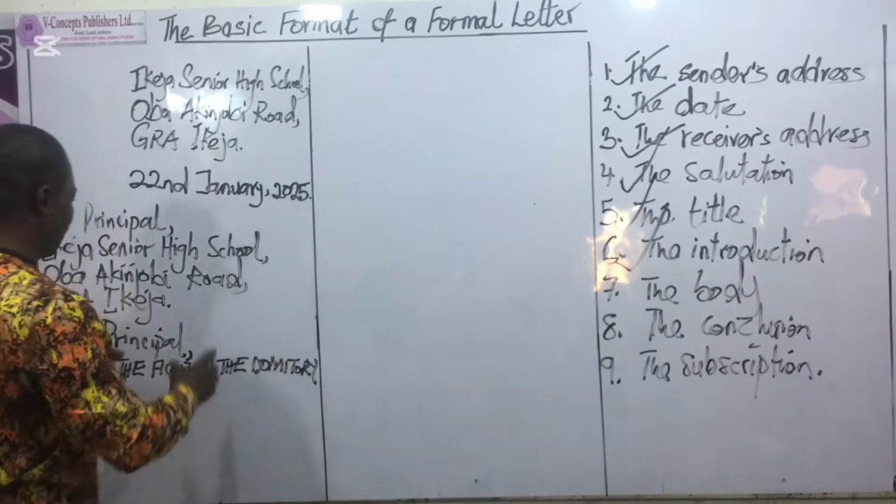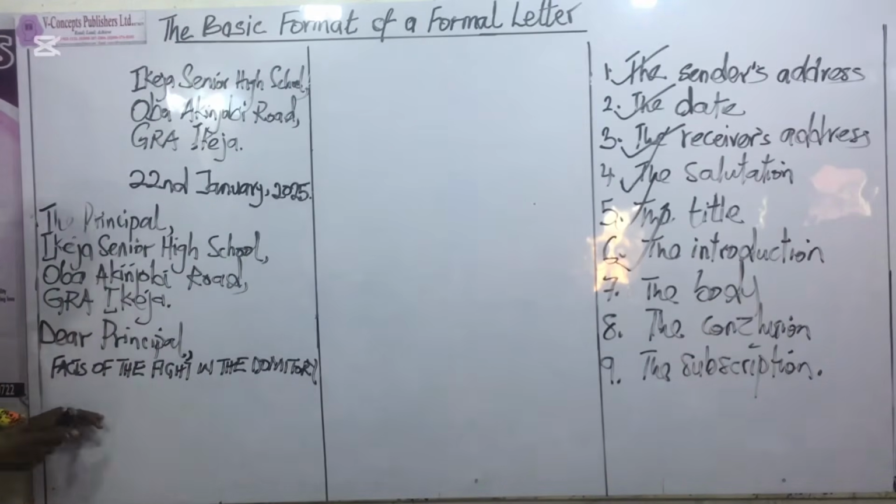So let's go. In the case where you are writing to the principal about the incident that took place at the dormitory, remember, after writing the title of the letter, you have to leave an indent, which you are going to maintain throughout the letter.